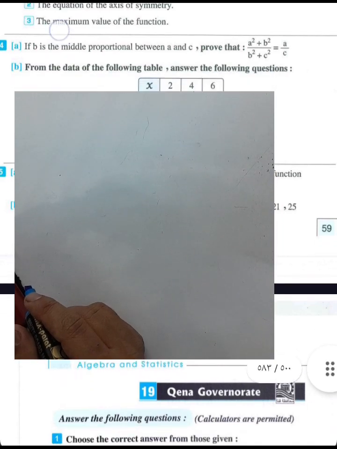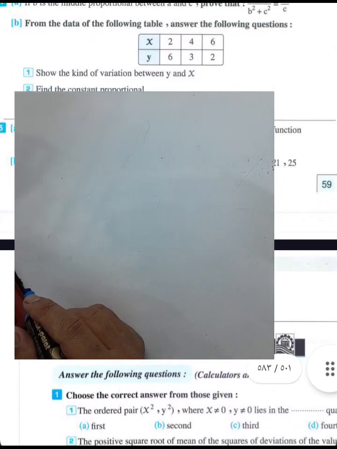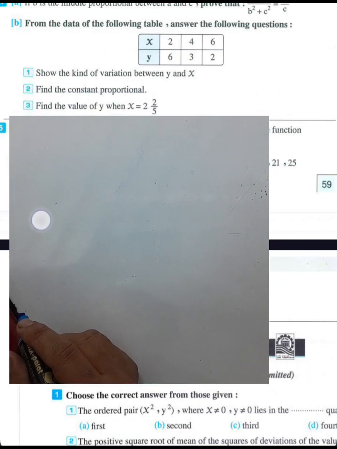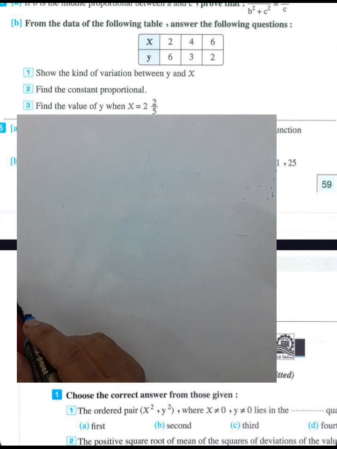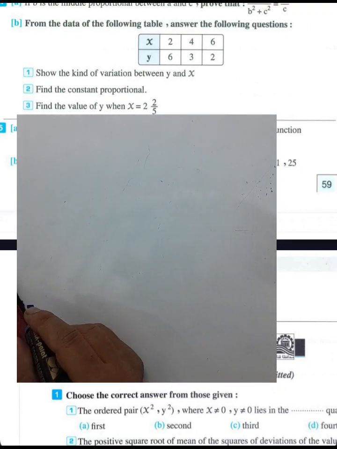Next question, letter B. From the data, answer the following: choose the kind of variation between y and x. We have here in this example the values of x: 2, 4, 6; x increased, and y: 6, 3, 2 decreased. Then we will call it varies inversely between x and y.